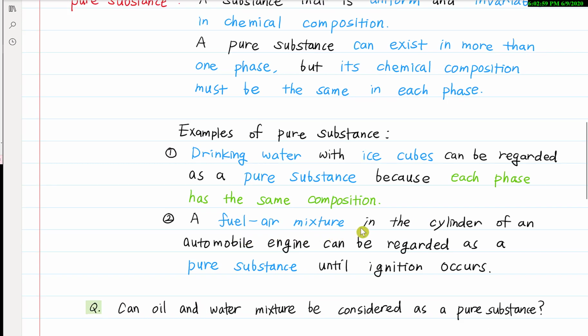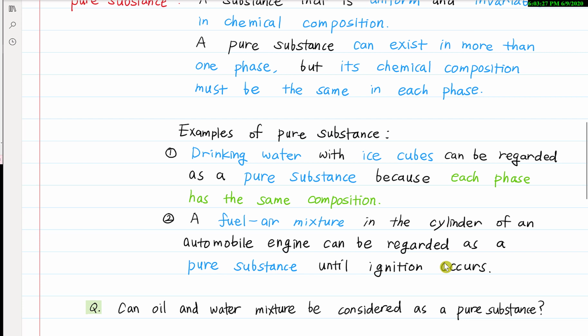Fuel-air mixture is also considered a pure substance as long as the mixture of the gases is homogeneous. Air consists of various gases including nitrogen, oxygen, argon, and carbon dioxide. However, air is homogeneous as there is no change in the chemical composition during a thermodynamic process. So air is also considered a pure substance.